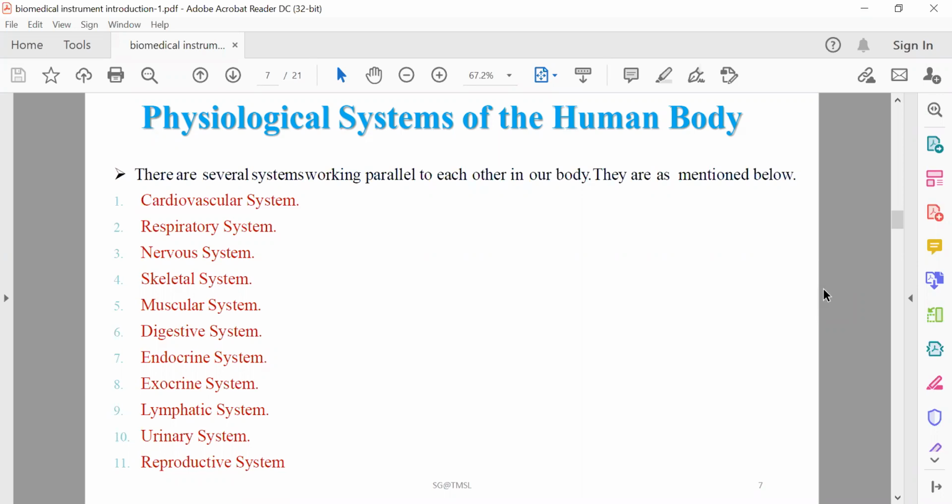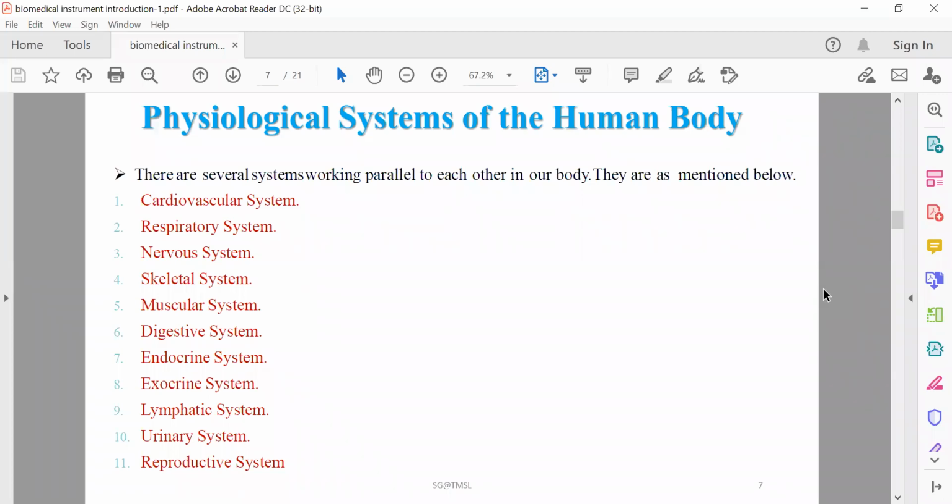It is an organ system that permits blood to circulate and transport nutrients such as amino acids, electrolytes, as well as different gases like oxygen, carbon dioxide, and hormones and blood cells to and from the cells in the body.